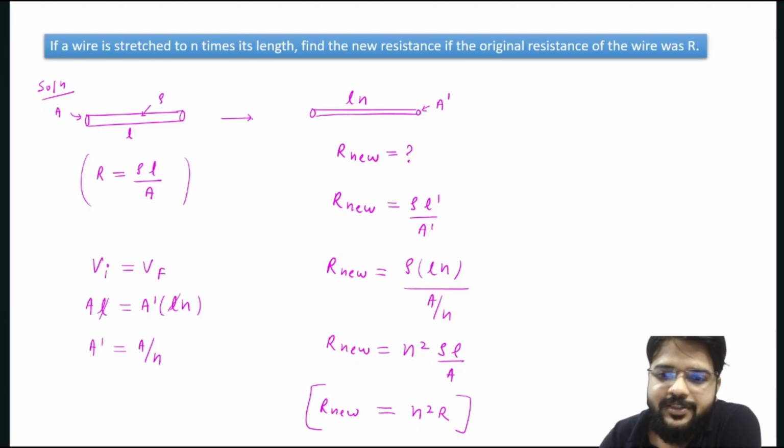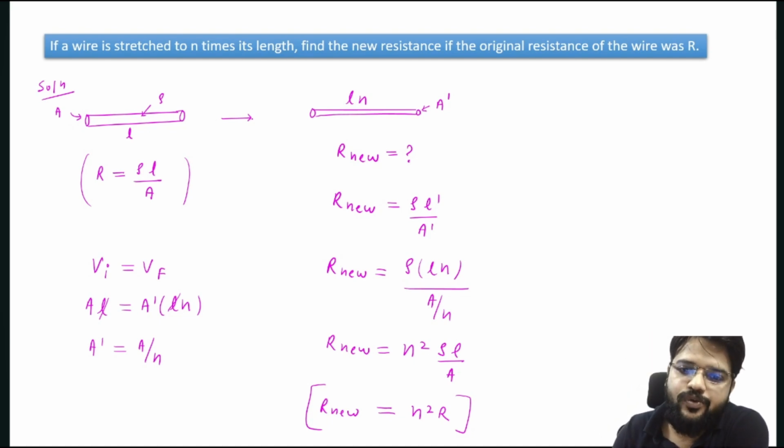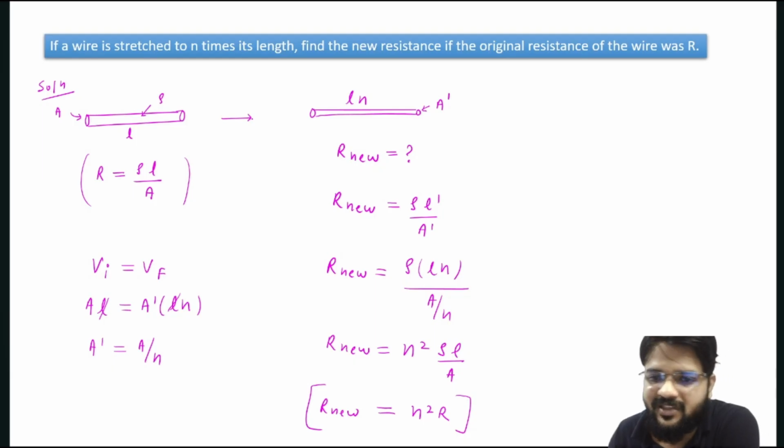If suppose we are stretching 2 times, then what should be the answer? If we stretch this wire 2 times, then the n value is 2, the square of 2 is 4, so it is 4R. If I stretch the wire 3 times, then the answer should be 9R. If I stretch 4 times, then the n value is 4 and the square of 4 is 16, then 16R is the new resistance if we are stretching the wire 4 times, correct?